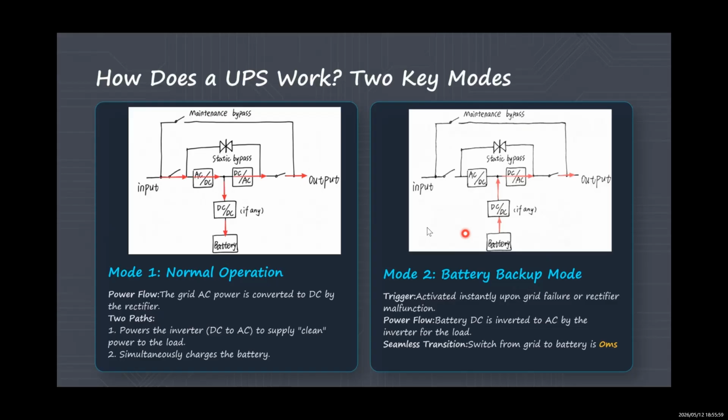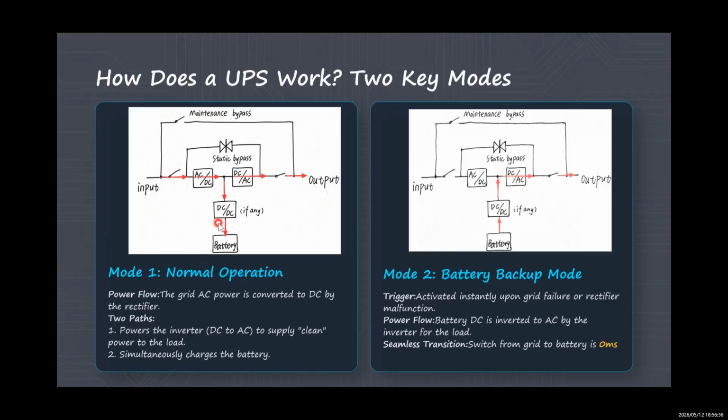So you can see this is how a UPS works. The left side is called the normal operation mode. Here is the grid, and the right side is the output, which means the critical load. Inside the UPS there are some important components: AC/DC rectifier, DC/AC inverter, and batteries.